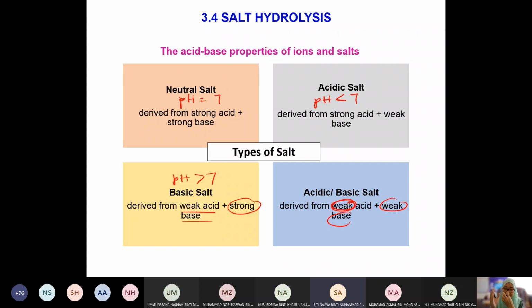But weak acid reacting with weak base may produce acidic salt, and it can also produce basic salt. It depends on the values of Ka and Kb.